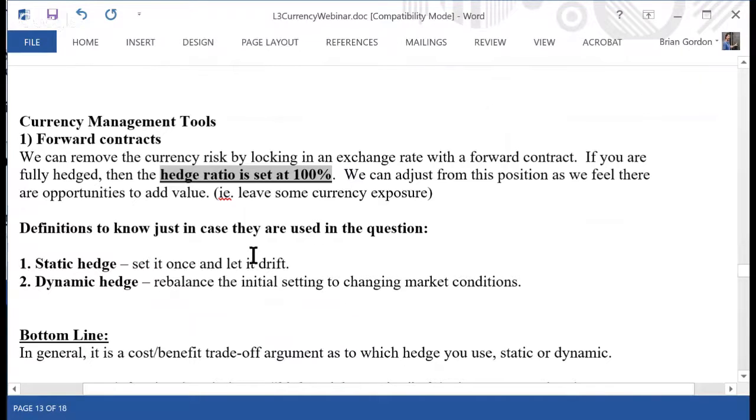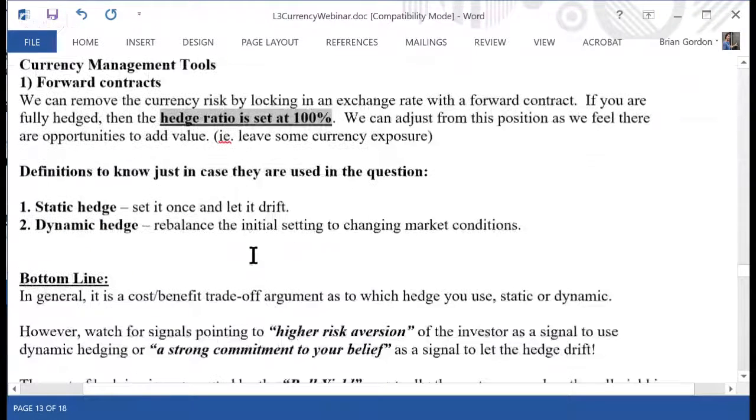If they are looking to rebalance based on changing yields, changing market conditions, then I think you can use dynamic hedging, where you continually readjust. But it may just come down to the portfolio manager and what they say.